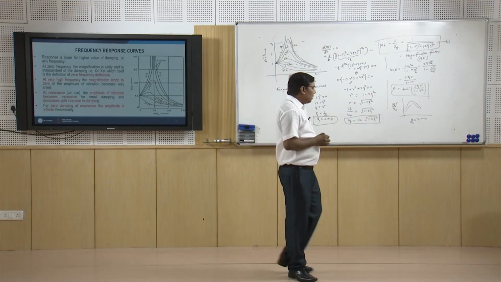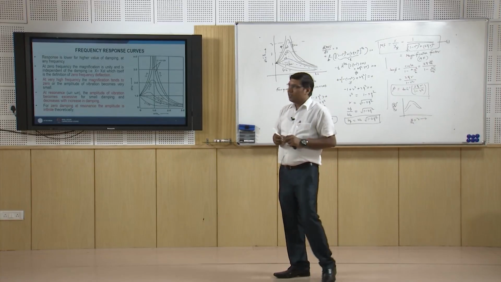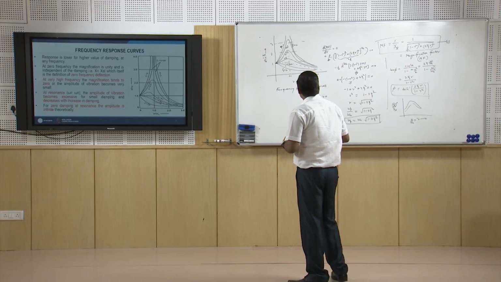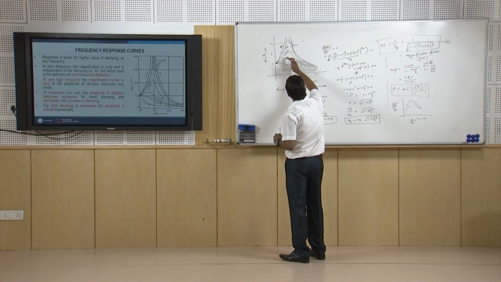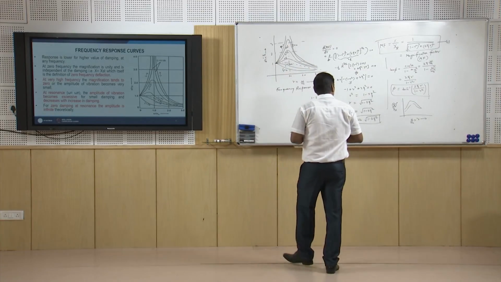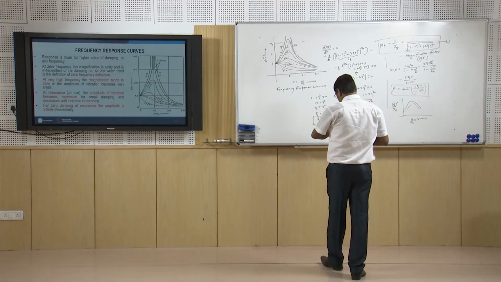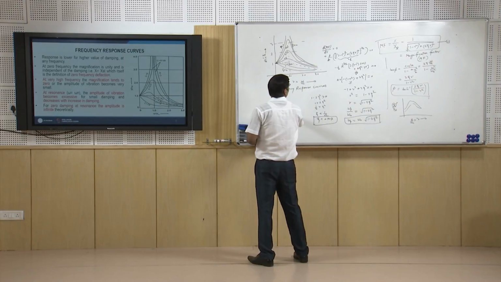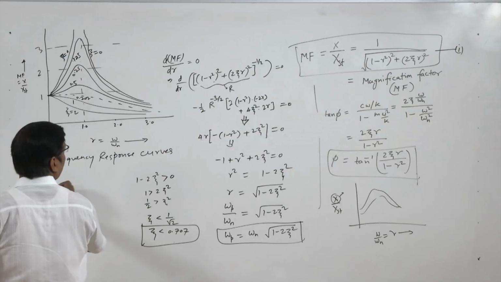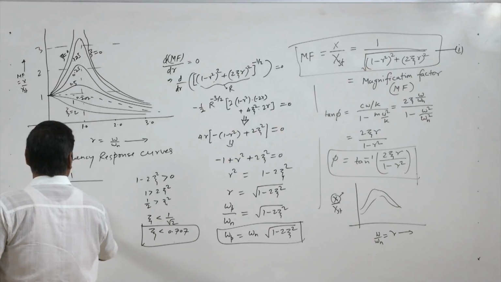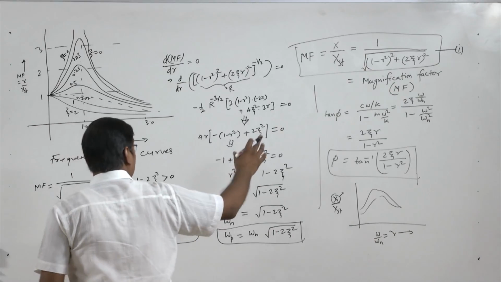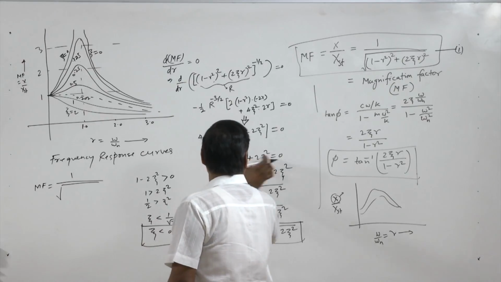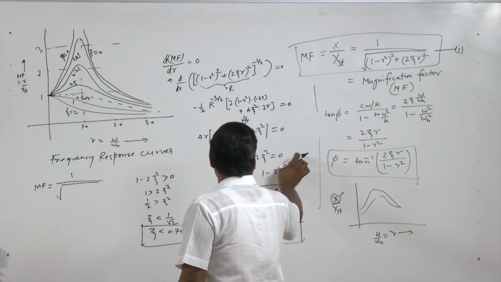Then what will be the value of magnification factor at the peak? So what is the value of magnification factor for the peak? We can put this in the equation here. So we will get MF equal to 1 by under root, so 1 minus r square we can write here.